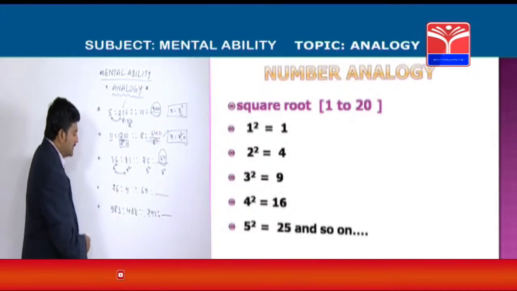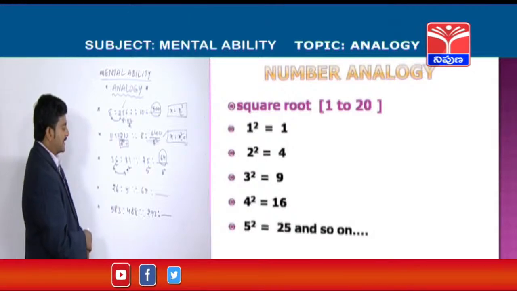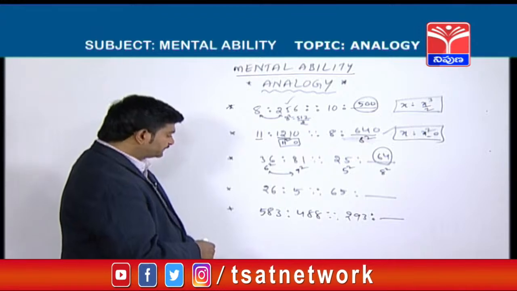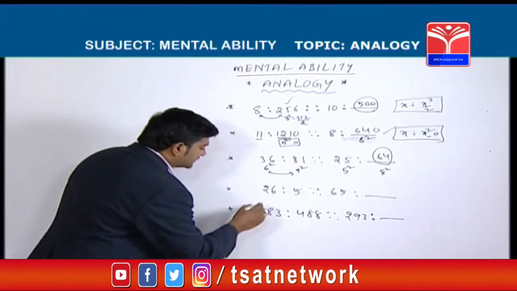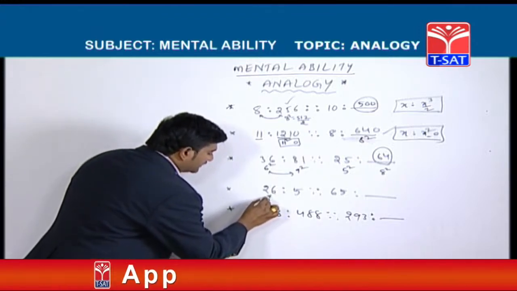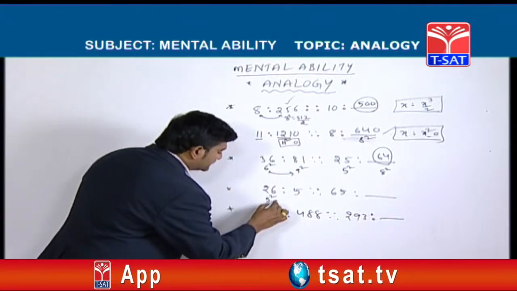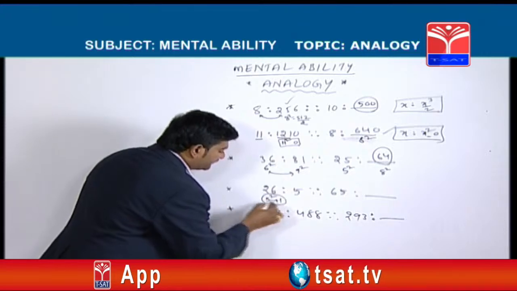Now observe here, this is also some kind of square logic. How? See 26. 26 we can write as 5 square, but is it only 5 square? No, plus 1. 5 square plus 1.